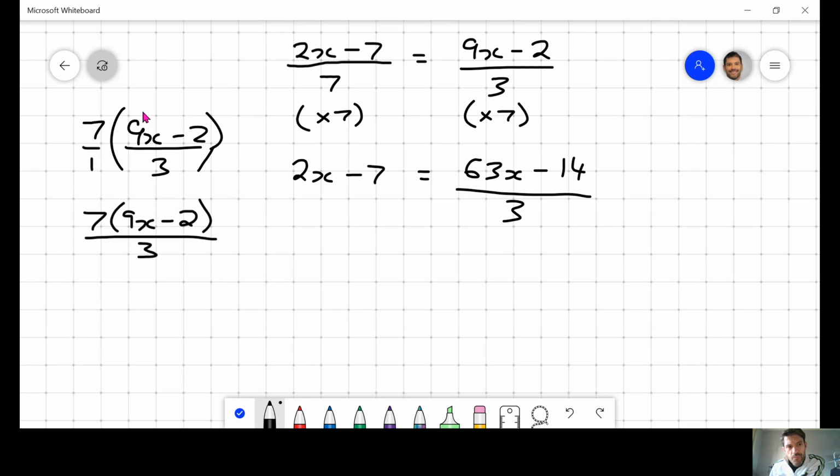So 7 over 1 times 8 over 3 equals 56 over 3. The denominator stays the same if you're multiplying by an integer. So we can write it like this, basically. Sometimes you might want to write it outside the bracket, only really if you're planning to divide by 7 for whatever reason, but 7 is not going to go into 2. Then I can just times by 3.